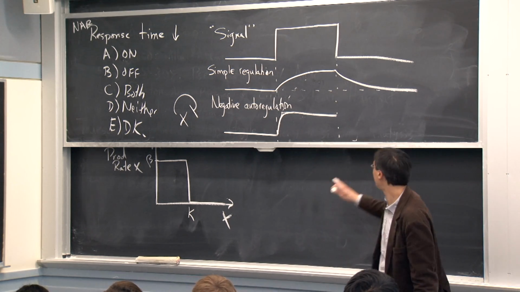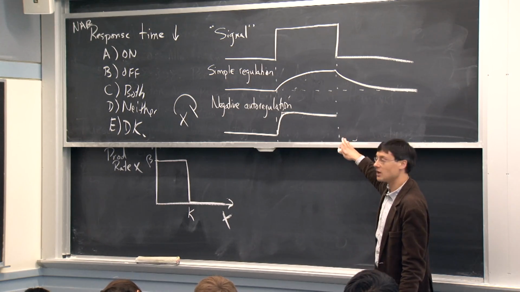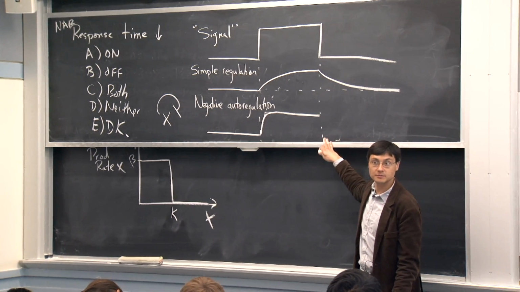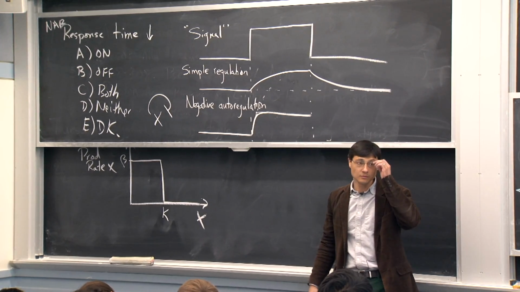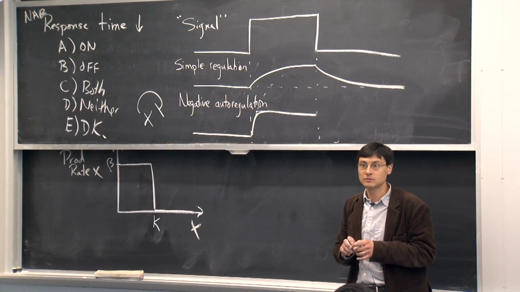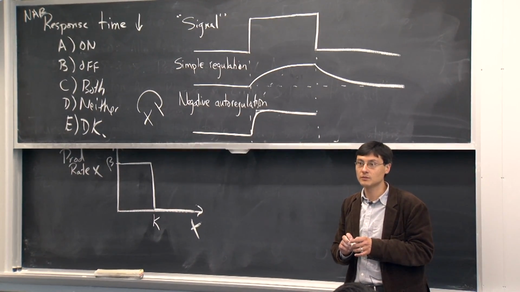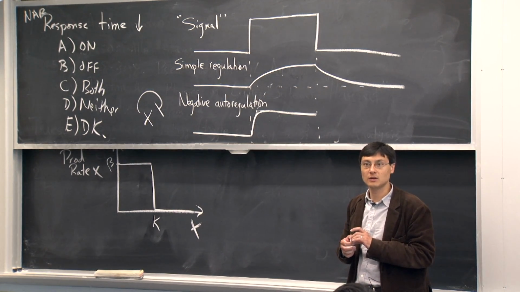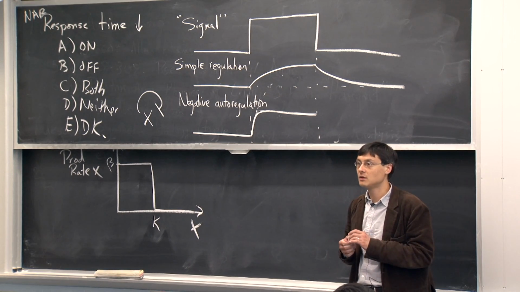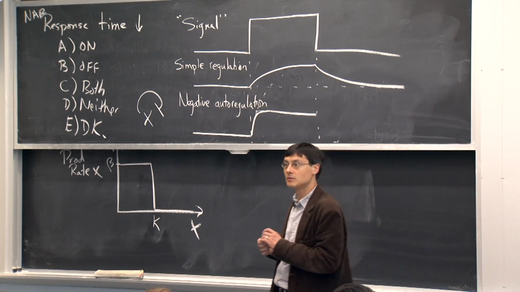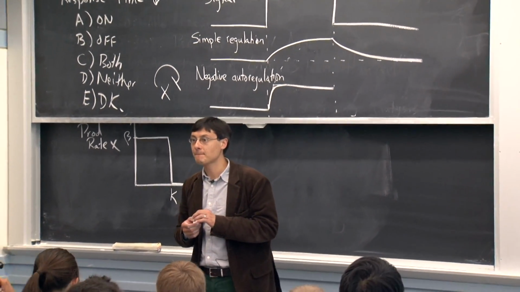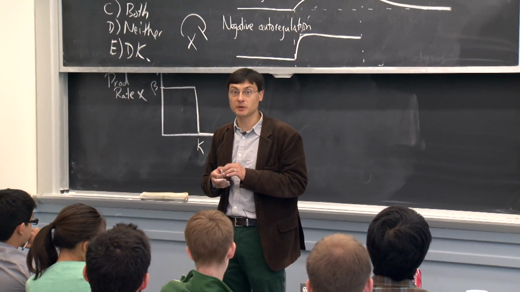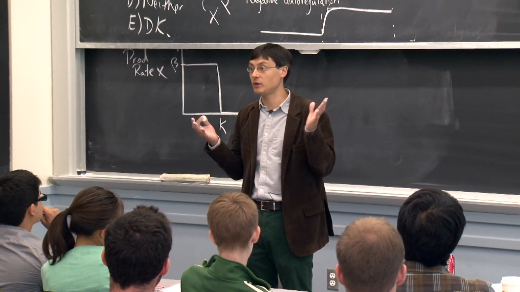Okay, so now what about off? Is the off time the same as the on time here? What sets how fast? Should the off time be slower because you have less degradation? In principle, is there any active degradation that we've invoked right now?